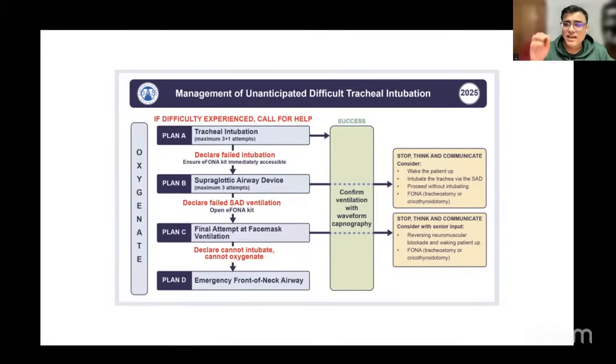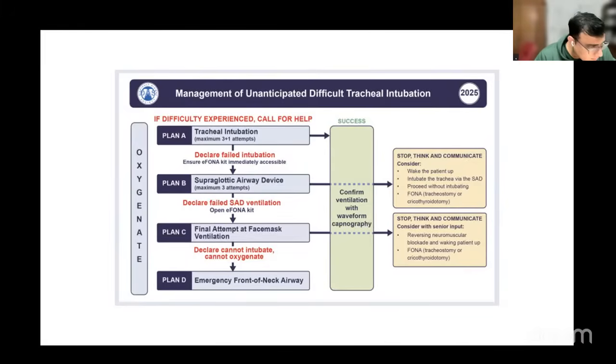If you can put it in and ventilate with that, then fine. If you cannot do that also, then you go for front of neck airway or cricothyrotomy. So basically, cannot intubate, cannot ventilate. So this was the scenario, and here we have front of neck airway.